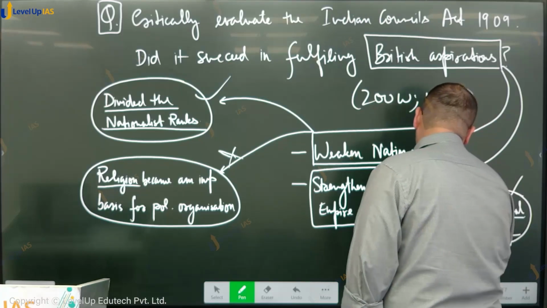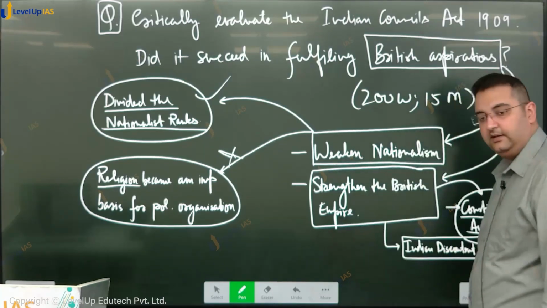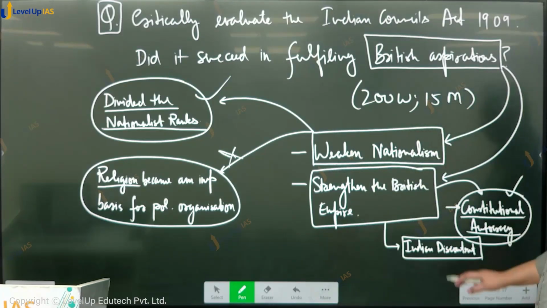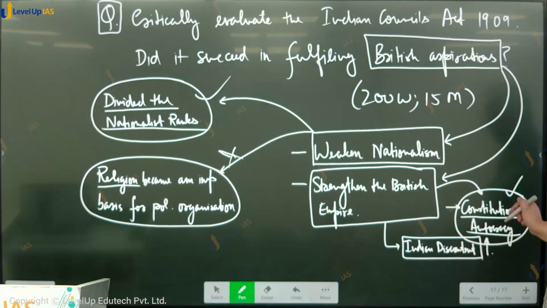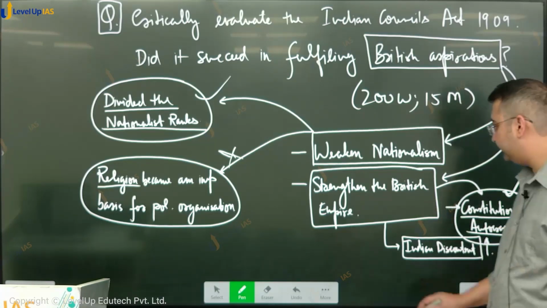So, instead of being able to satisfy the nationalist sentiment, the Indian Councils Act further fueled the rising tide of Indian discontent. Till the time that Indian nationalism remained dormant, Indians का कोई response नहीं आया. However, as soon as the phase of dormancy would end, the Indians are going to rally against this mechanism of constitutional autocracy. तो इन द शॉर्ट टर्म वंस अगेन सक्सीड हो गया था, लॉन्ग टर्म में फेल हो गया.